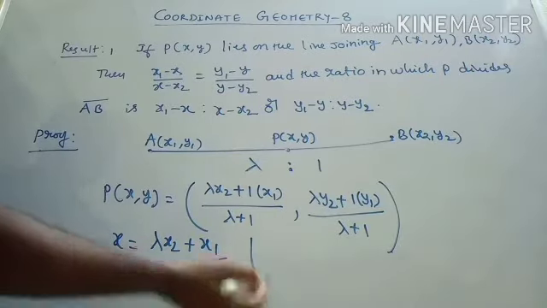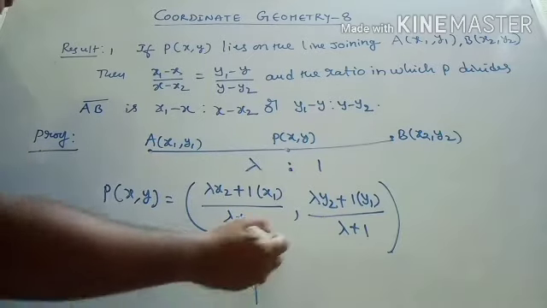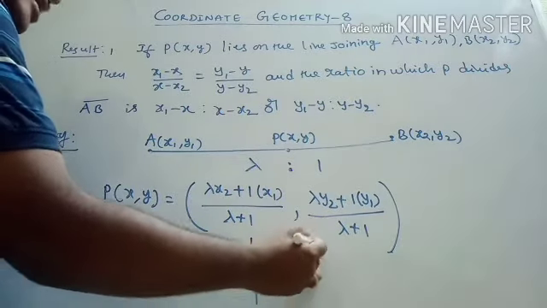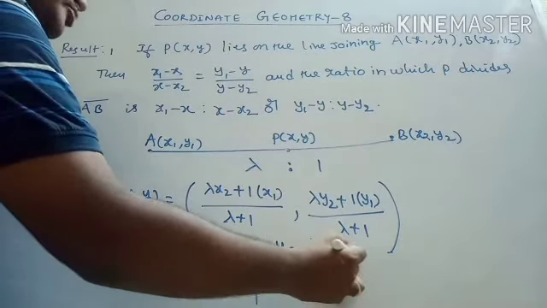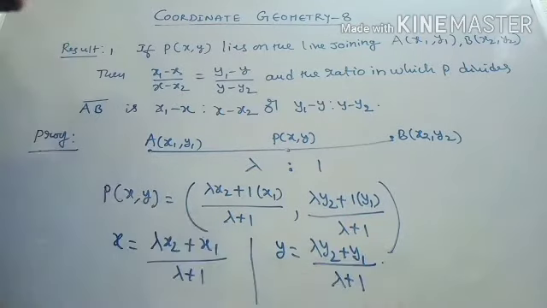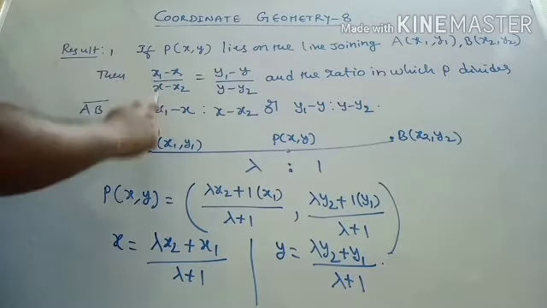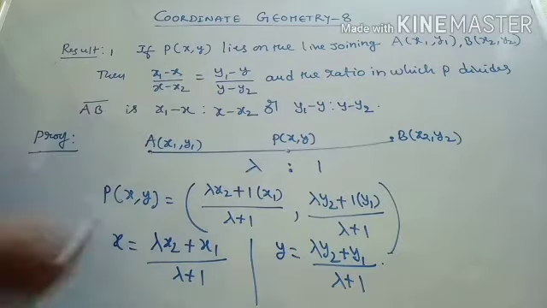In the same way we equate the y coordinates: y is equal to (lambda y2 plus y1) by (lambda plus 1). Now let us get this ratio, which is what we need to prove.